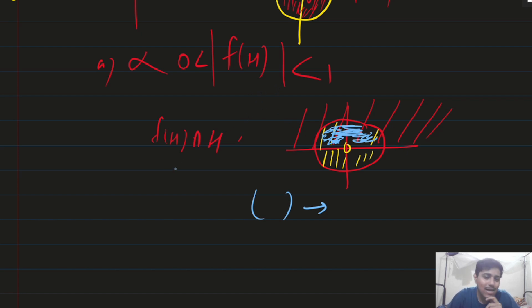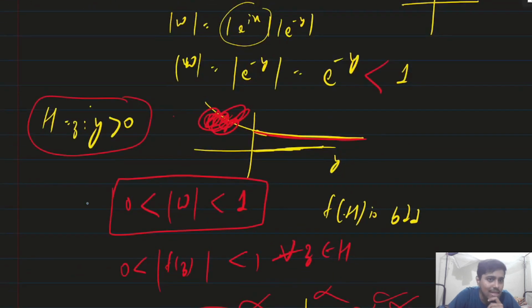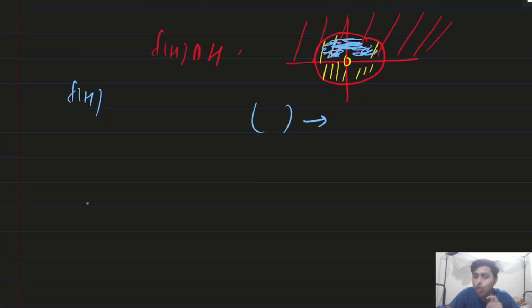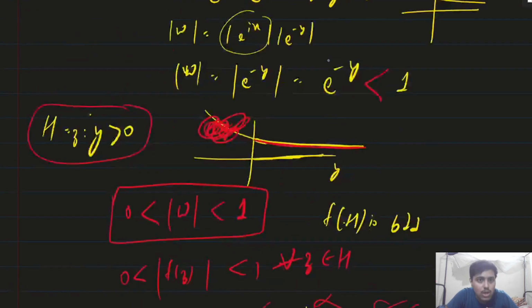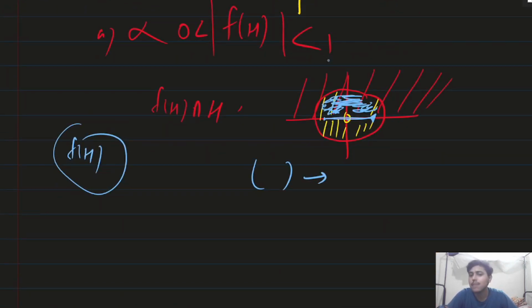Now what is the fourth option? It is written that f(H) is a convex subset of R. Sorry, a convex subset of C. How do we check convexity?